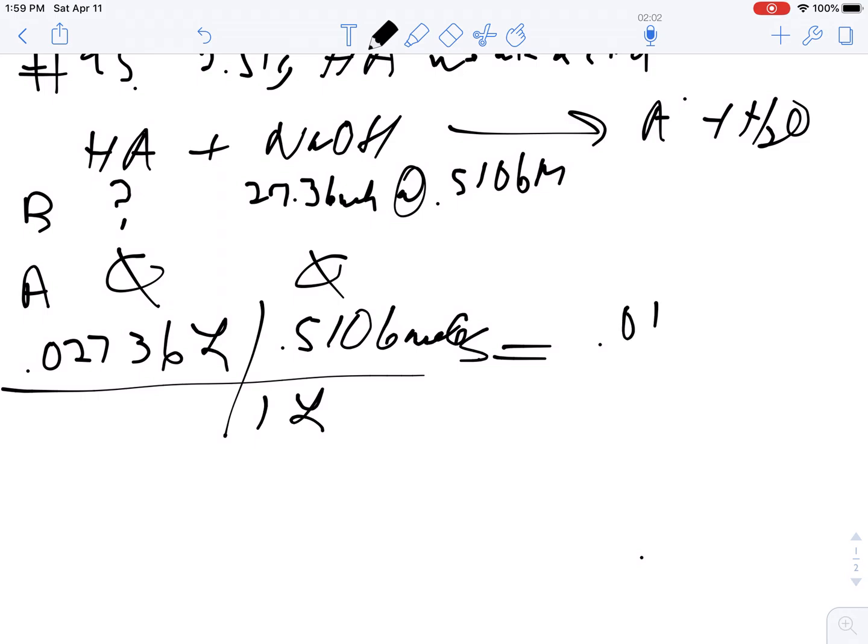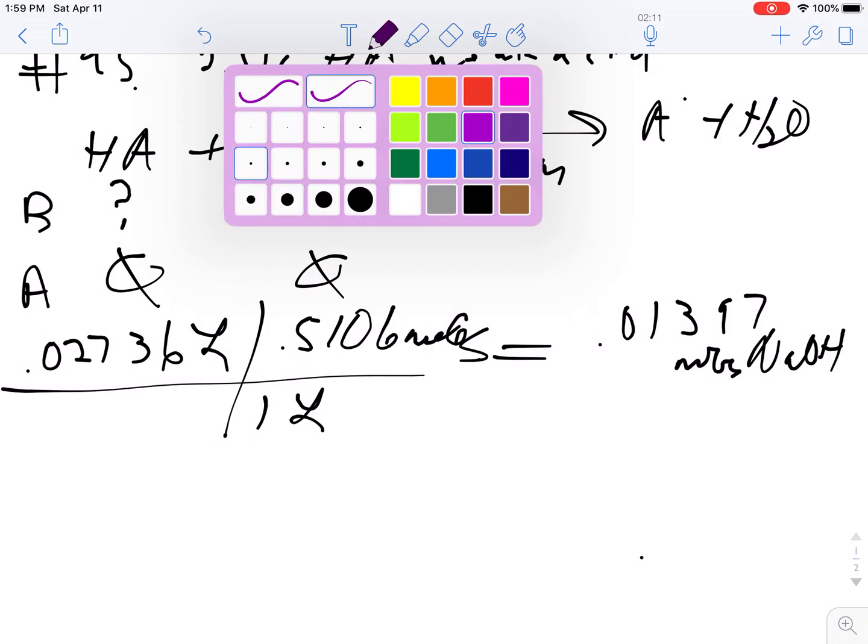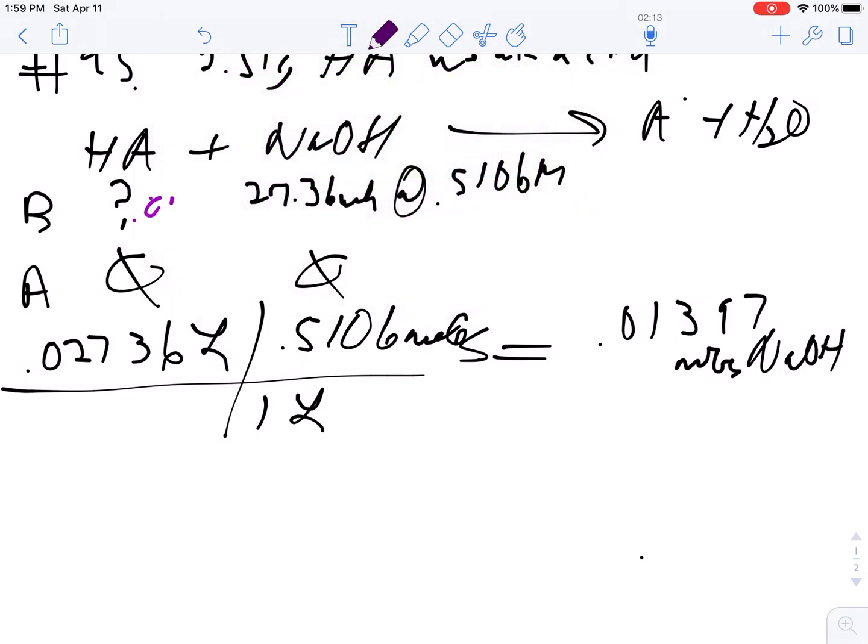So I get 0.01397 moles of base, which means that the moles of my acid must also be 0.01397.